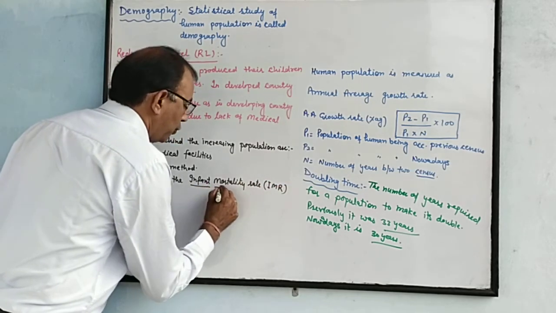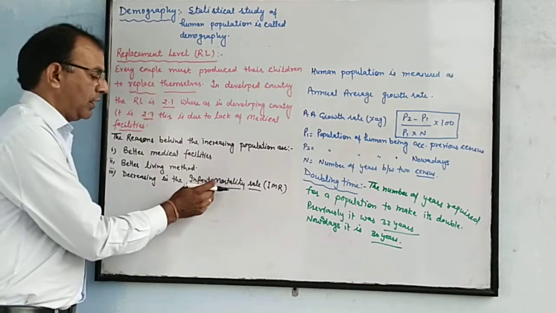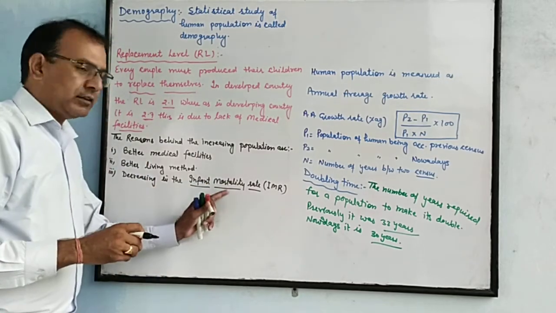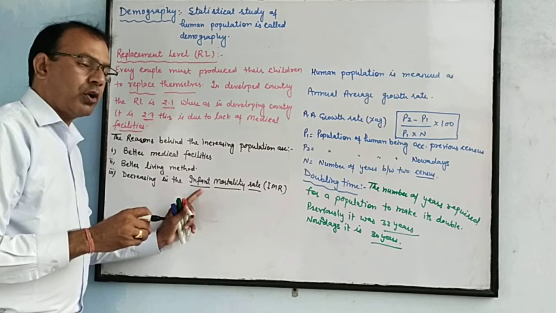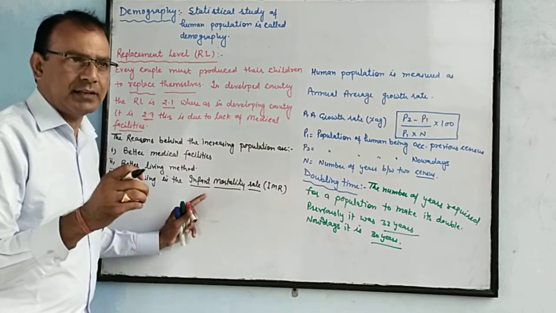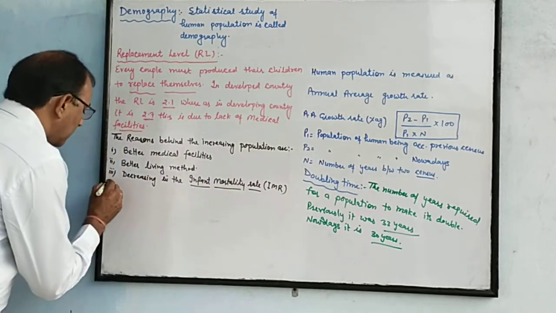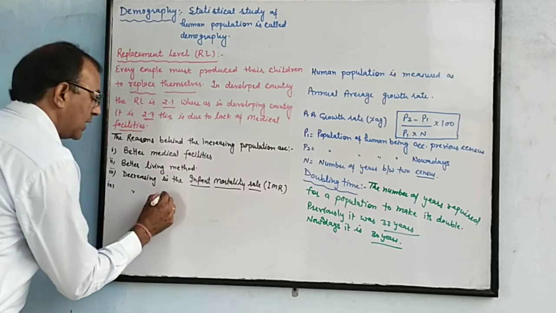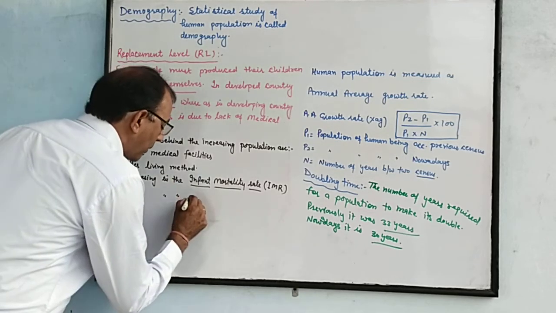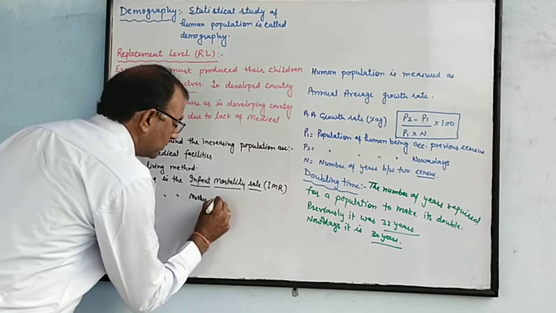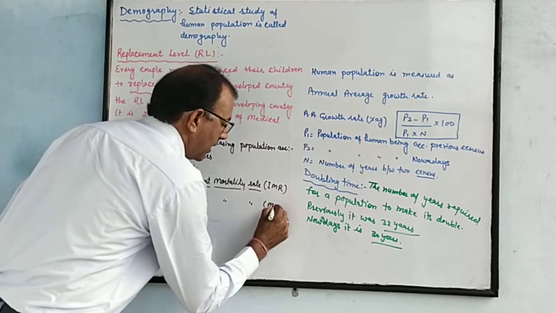In a newborn baby, mortality means death rate. The death rate is reduced in newborn babies because medical facilities are enhanced. Same as the decrease in the mother mortality rate, that is MMR.